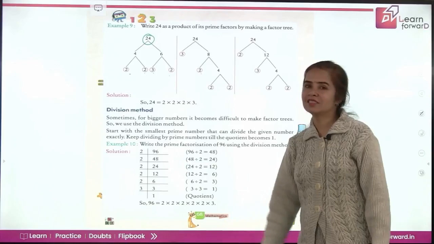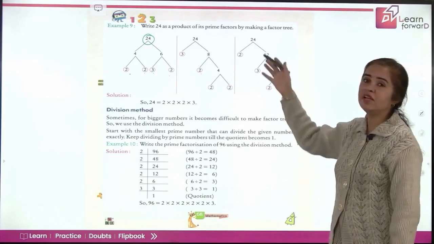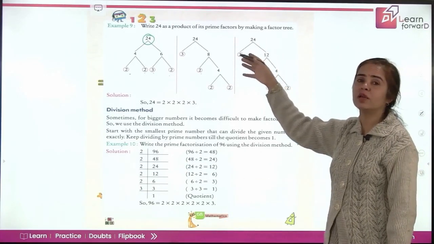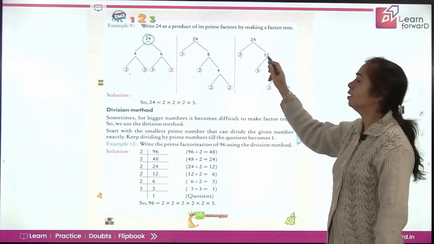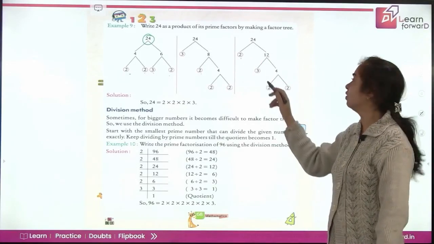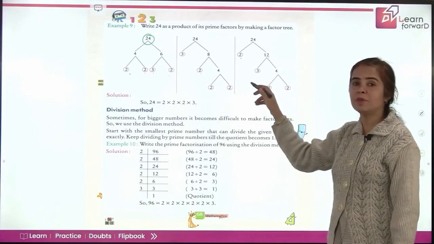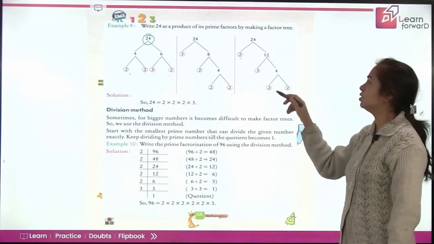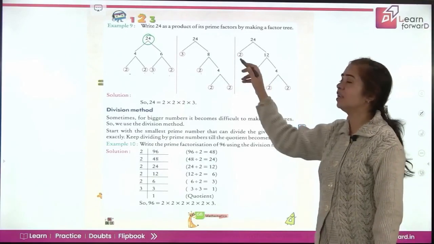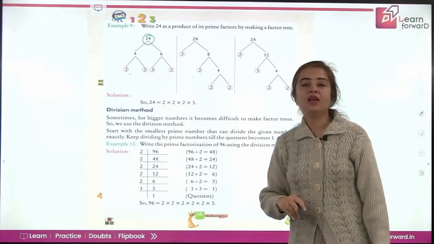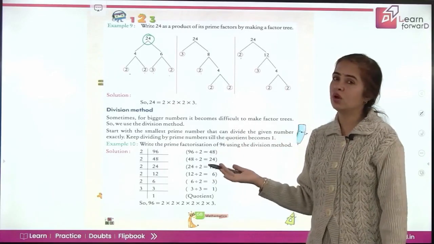The task is done. Another way is, what I said, 24 can be written as 2 into 12 also. So leave this prime number. Make the branches of 12. 3 4s are 12. 3 is a prime number. Leave it. Make the branches of 4. 2 2s are 4. So again, all these leftover parts are prime numbers. So your task is done.